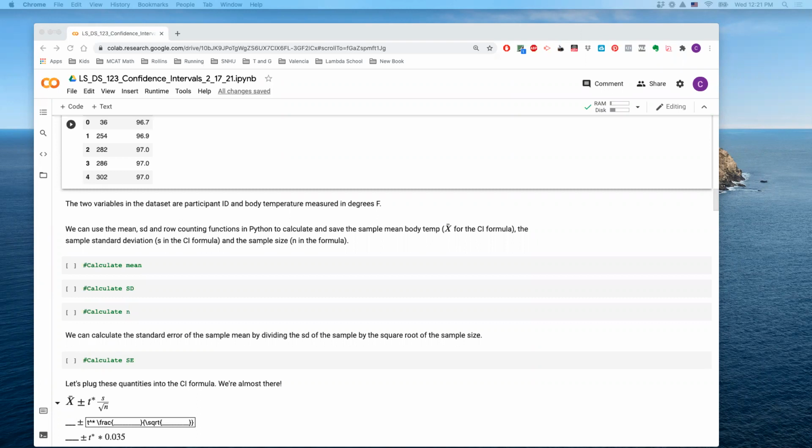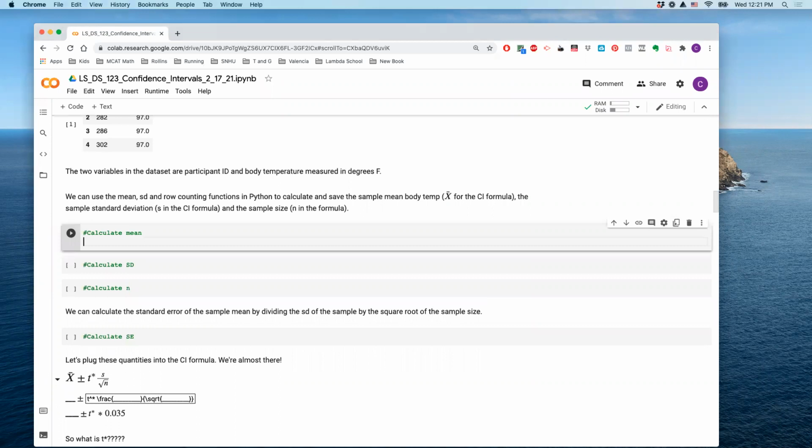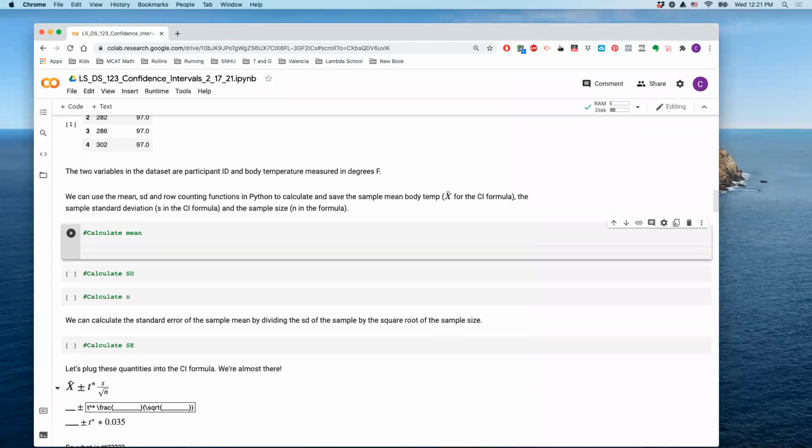So rather than saying we guess it's exactly equal to what's in our sample, we're going to make this confidence interval, and propose a range of values for what we think the normal human body temperature is.